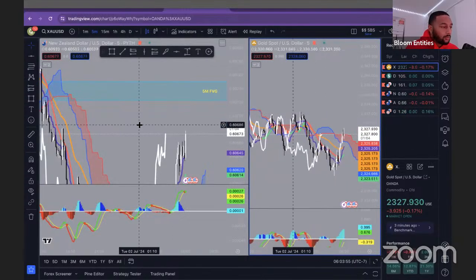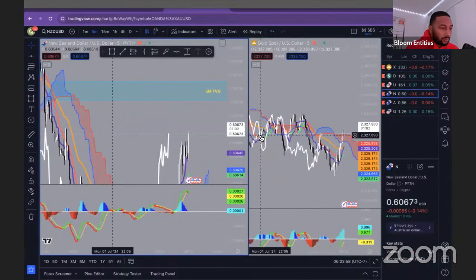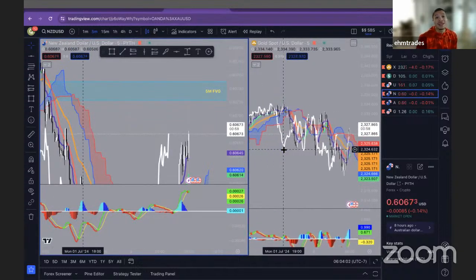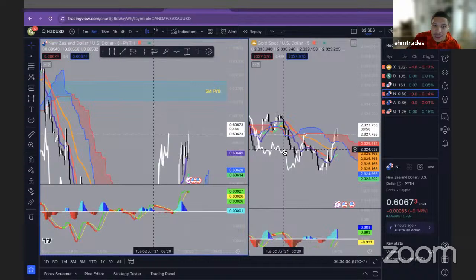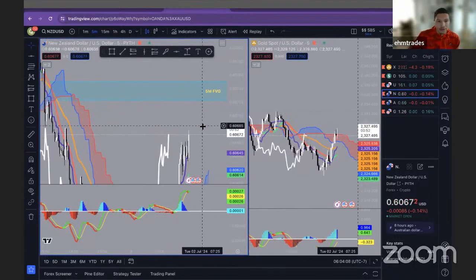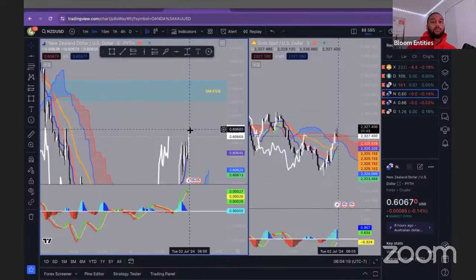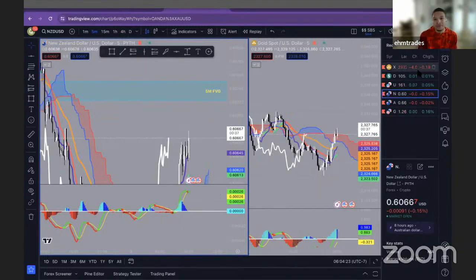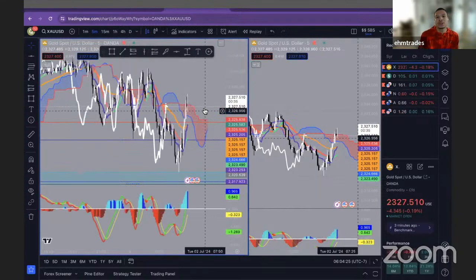Especially once we get to that top down, the weekly and the daily. I've utilized the weekly chart a little bit more this week as well on all of my pairs, just because it makes sense to understand where the strongest areas are of decision making zones, and the higher the time frame, the stronger those areas.